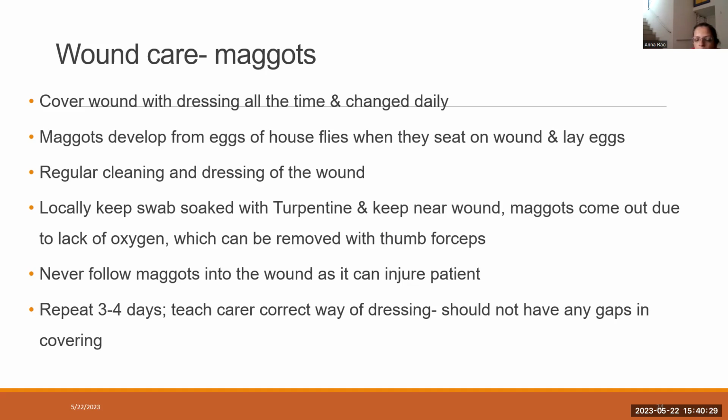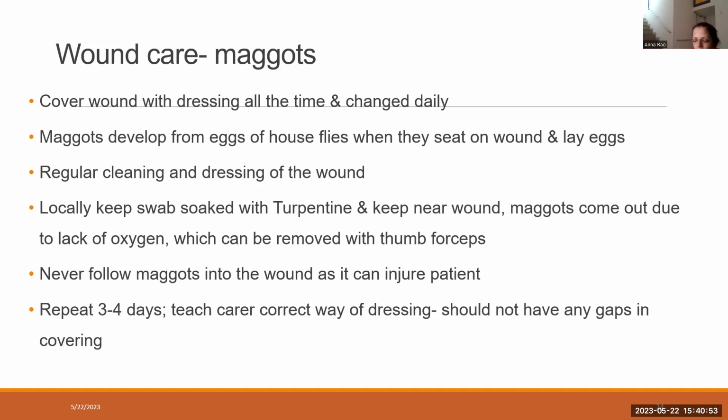Taking care of the maggots, how to go about it: there are many solutions, but the most common solution that is used is turpentine. So you can keep a swab soaked in turpentine near the wound. It will cut off the oxygen supply to the maggots so that the maggots will jump off the wound.